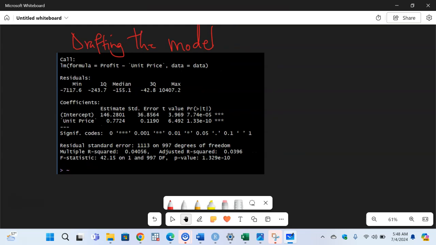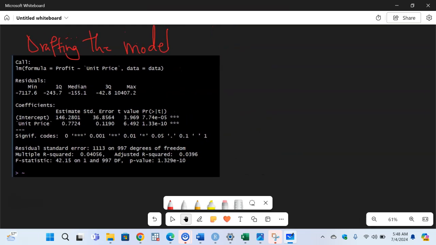Yeah. So here we go. We have this output. So the linear model will be given by, any linear model is given in the form of y equals b naught plus b1 x, where b naught is the coefficient, the intercept, the y-intercept, then b1 is the slope.